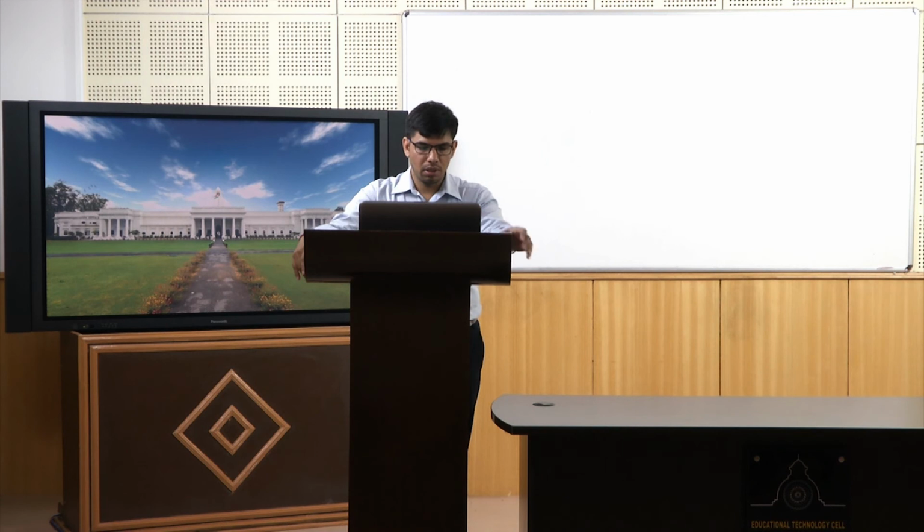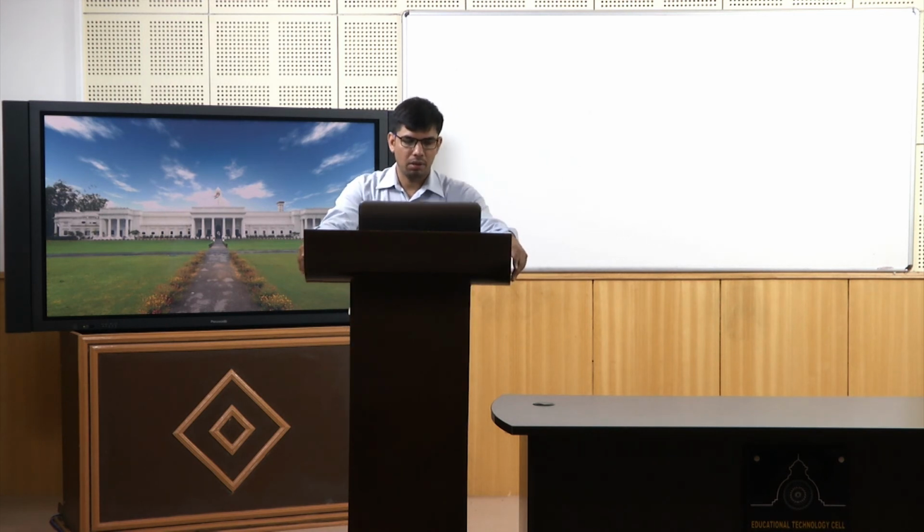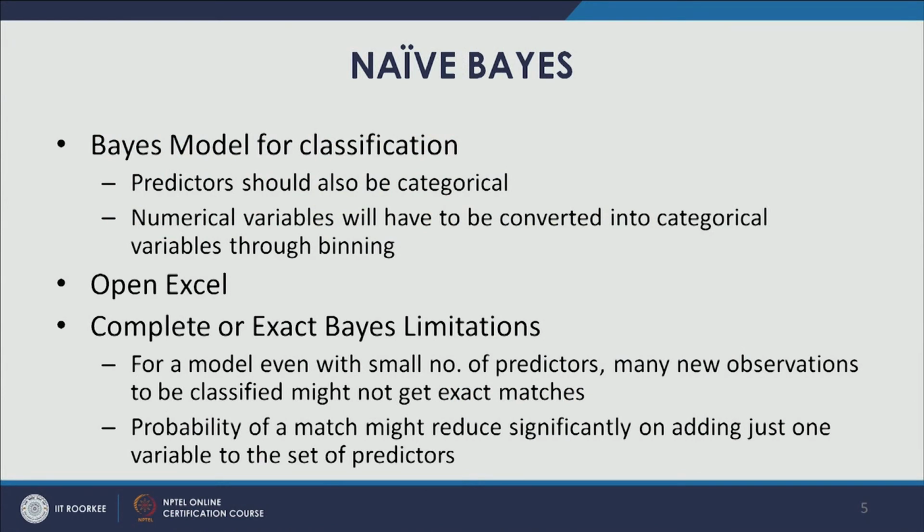As you can see in this particular slide as well, the limitation of complete or exact Bayes is that for a model, even with a small number of predictors, many new observations to be classified might not get exact matches, right?